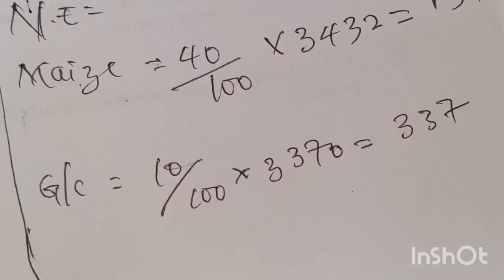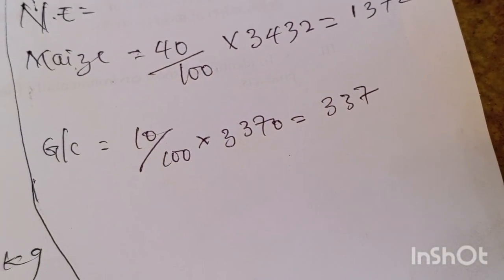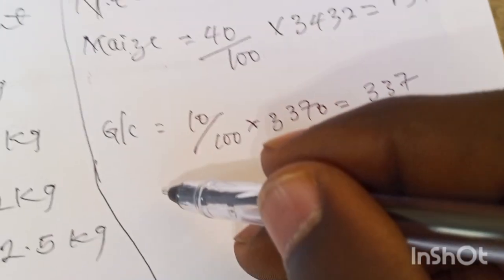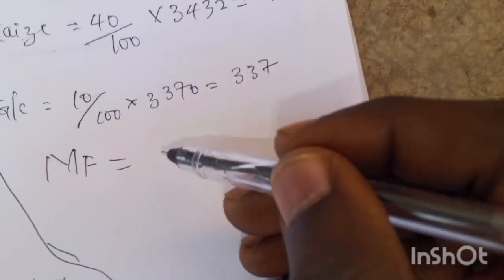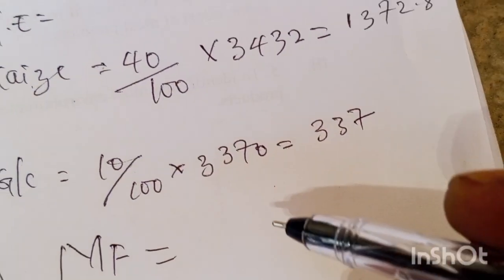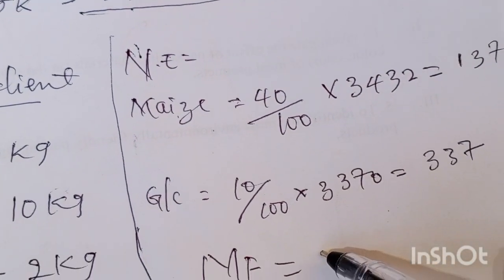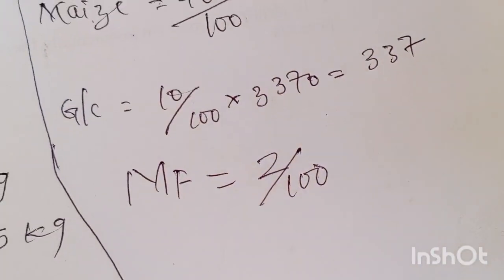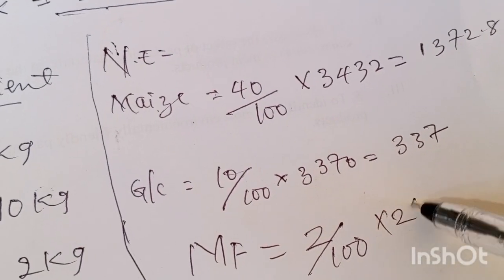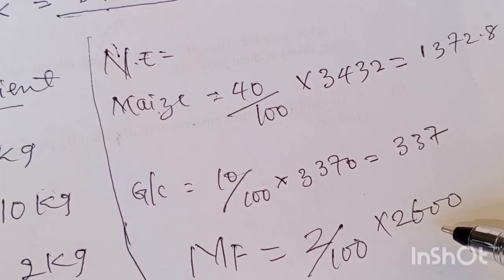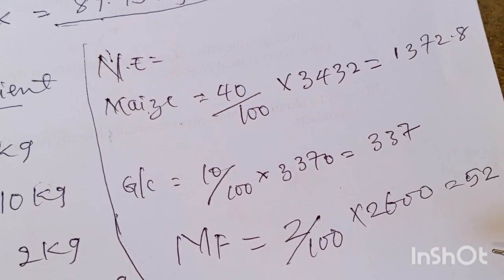Then we come back to maize offal, 2 over 100 times 2600 as the energy level, is equal to 52. You understand now? It's equal to 52.